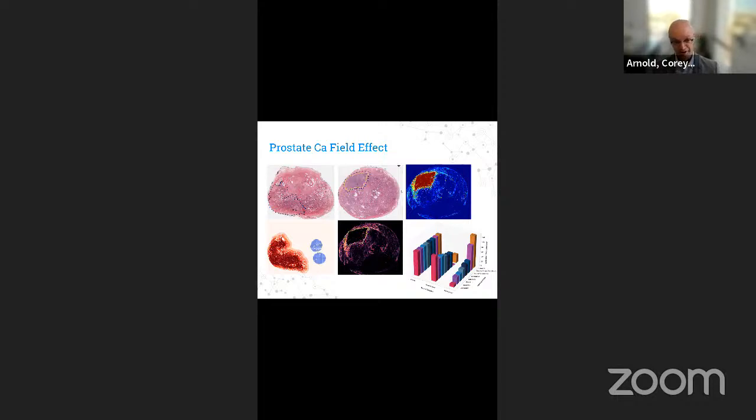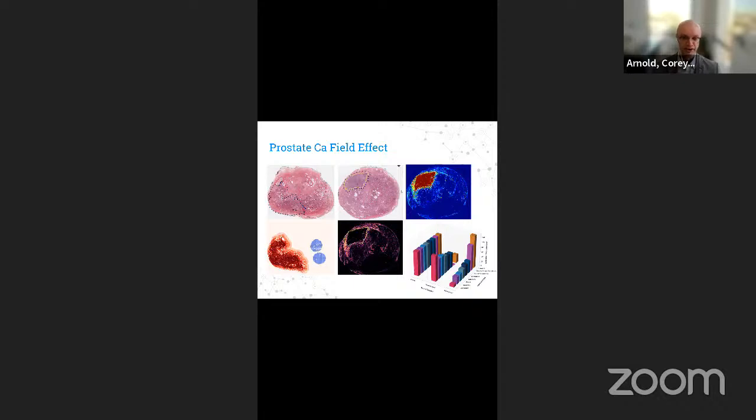The other figures here, again, because we're not going to get a pathologist to do this for 300 whole mounts, it's extremely tedious, we were applying our own machine learning models that I just showed. The top right is an example of our cancer probability map. You can see we do a pretty good job, but then we're trying to figure out, can we use this to look for regions of possible field effect?